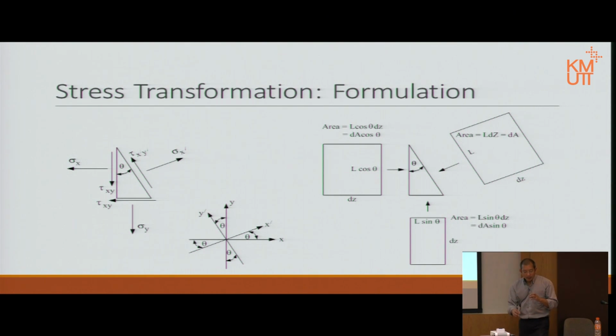Now, these two stresses at the bottom act on the area dA sine theta. On the left hand side, that's sigma x and that's tau xy acting on the area dA cosine theta. And these two stresses, sigma x prime and shear stress tau x prime y prime, act on that area, which is dA.